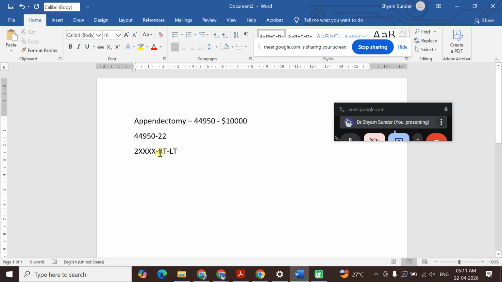If it is done on both sides, you can just put 50. Please go through the modifiers list and understand it to the extent possible. We're going to have a detailed session on these modifiers. All right. Your CPT code with the help of a modifier is what completes your CPT coding.